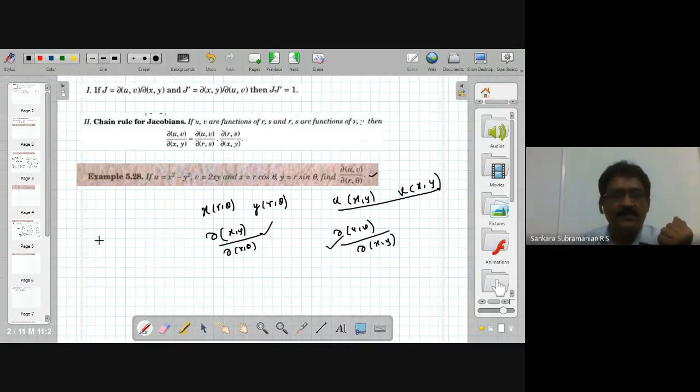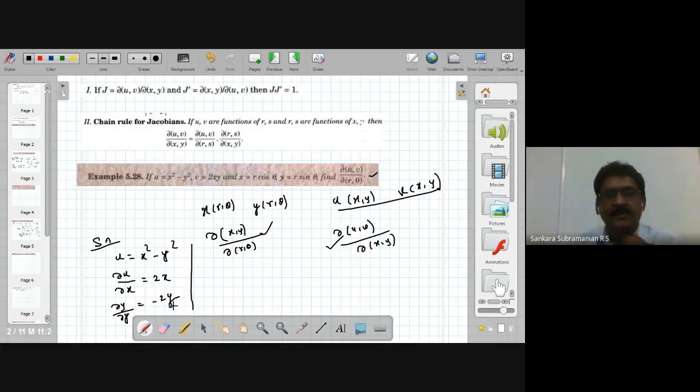Given u equal to x square minus y square. From that, I can find dou u by dou x, which is equal to 2x. And I can also find dou u by dou y, which is equal to minus 2y. And v equal to 2xy.